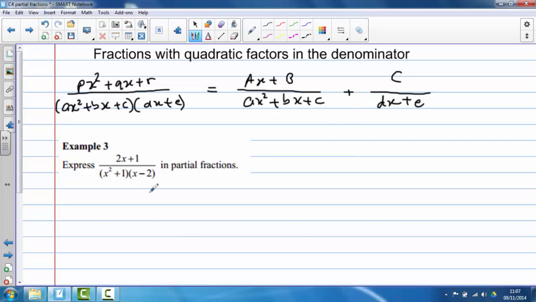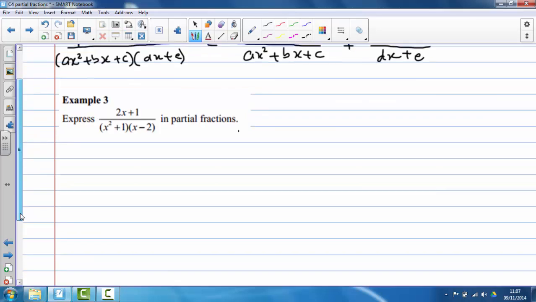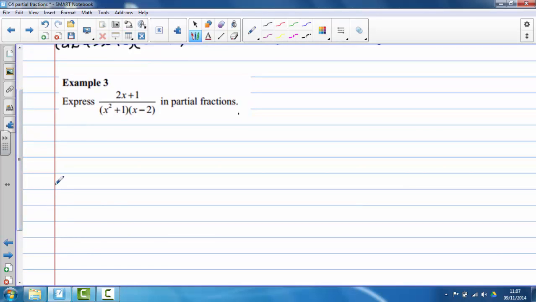So let's look at an example. So you've got 2x plus 1 over x squared plus 1 times x minus 2, and we'll write this out as ax plus b divided by x squared plus 1 plus c over x minus 2.